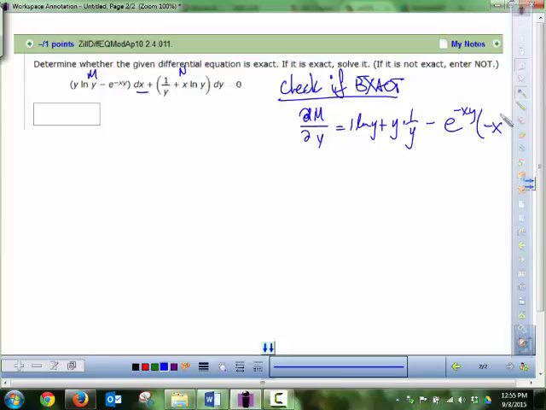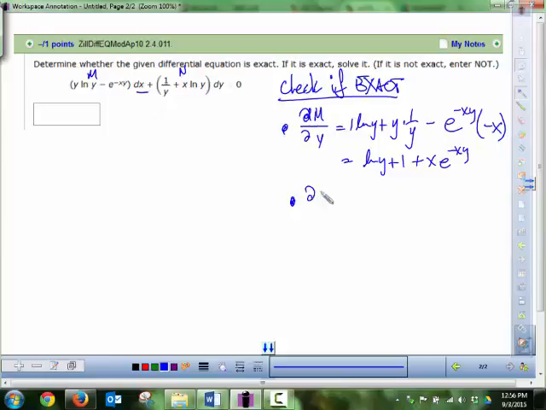Negative x. Okay. And I don't usually care about simplifying it, but for the sake of being able to check if this is equal to something else, I would probably want to go ahead and simplify. So this is ln y plus 1, and negative is a positive, x e to the negative xy. All right, so that's one of them.